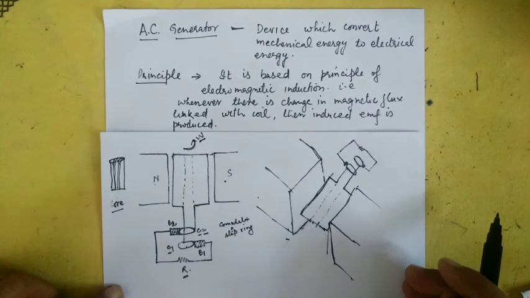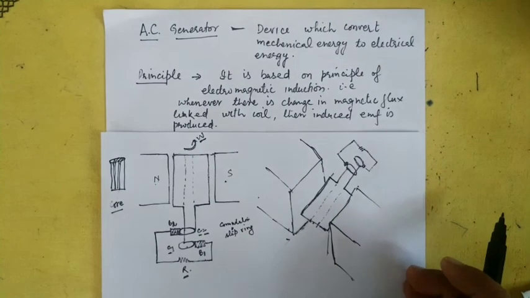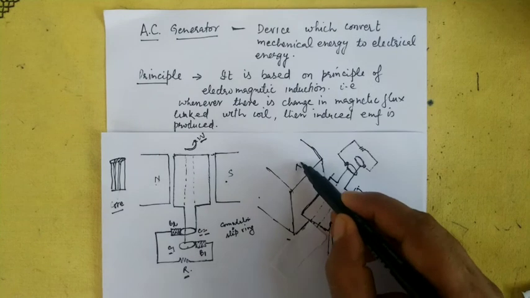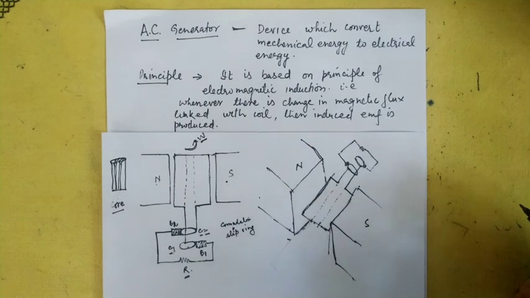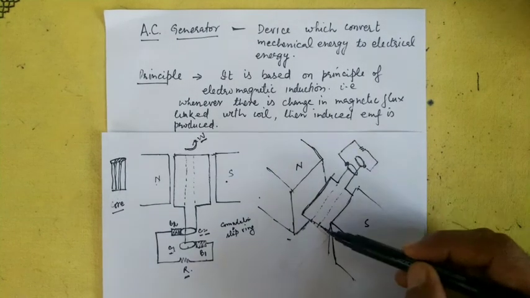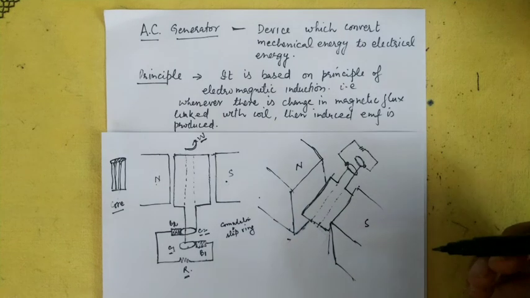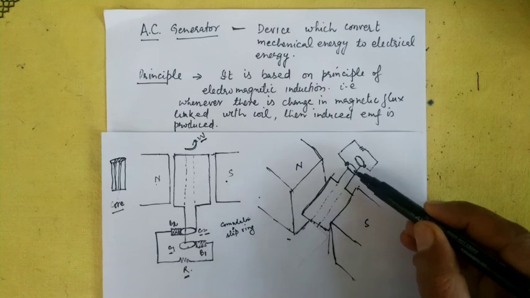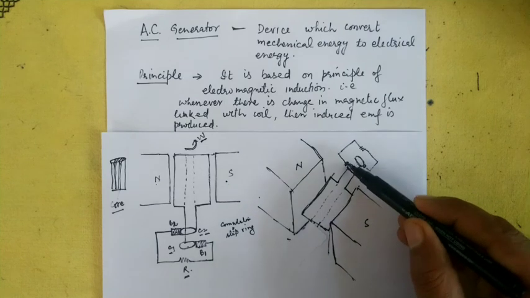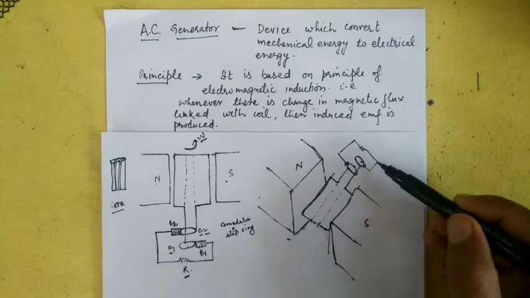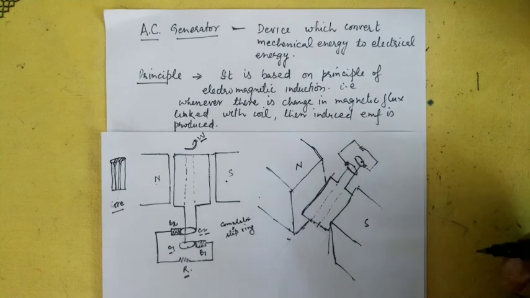Now let us see it another way. Suppose these are the two poles of a magnet, and this is the armature, basically a core over which a large number of turns of laminated wire are wrapped. The two ends are attached to the slip rings, brushes B1 and B2, and then a resistor.